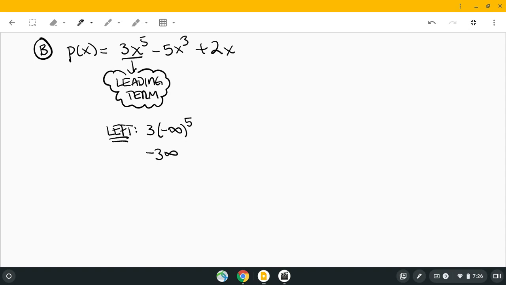And then infinity to the fifth power is still there. Okay. And so here we see that we will end up with a negative result. Okay. So as x goes towards negative infinity, our graph will fall.